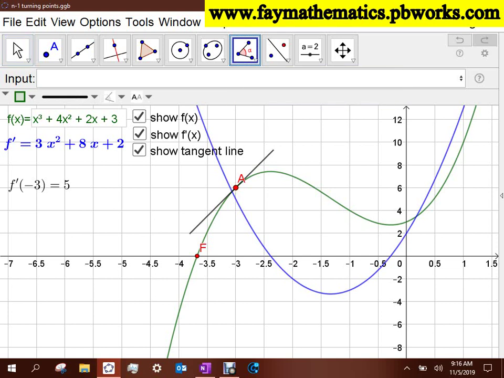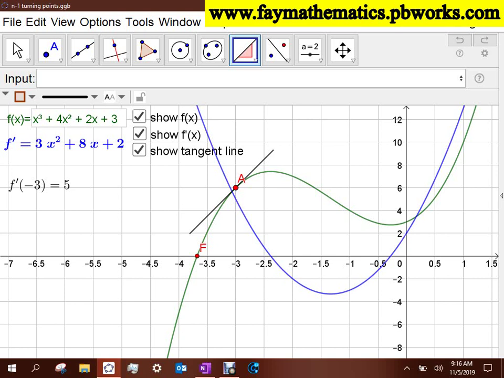Which that 5, if I ask this to find the slope of this line right here, you see it's 5, right? Does that make sense? Okay. So the derivative is an algebraic tool to allow you to find the slope of that green curve anywhere that I want to.